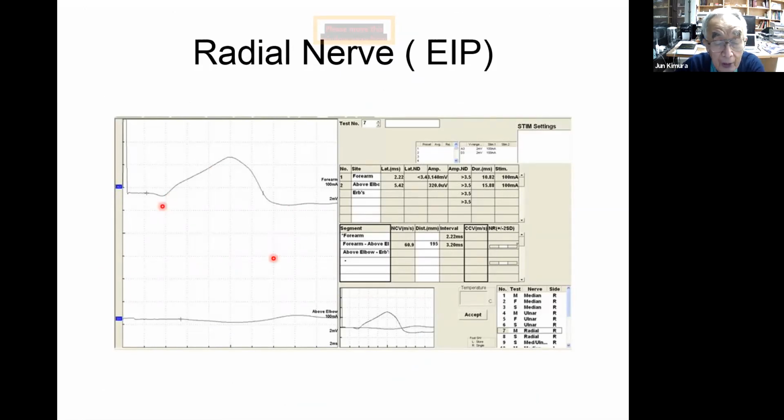No axonal degeneration. Of course, when you stimulate more proximally, above the lesion site, you get no response because there is a conduction block. All right. So this is a very important response because you can tell the axons are not dead, and the prognosis is pretty good, right?